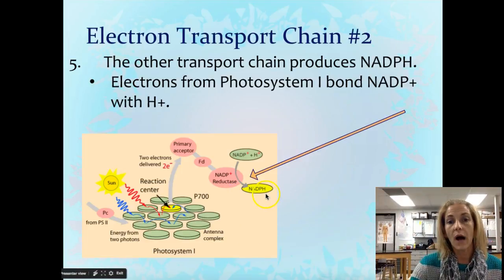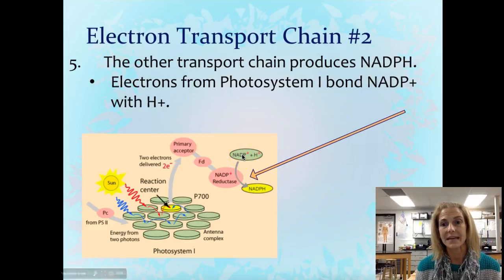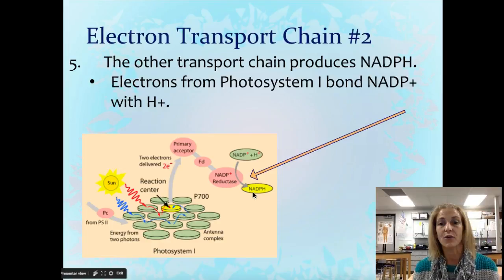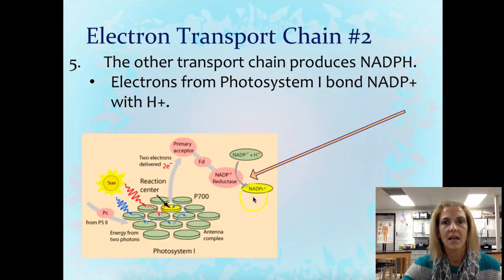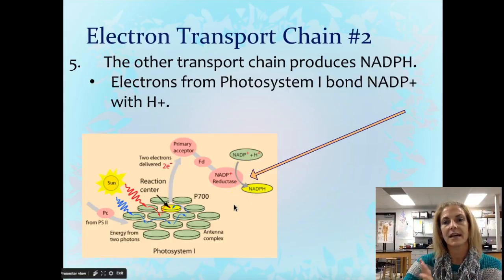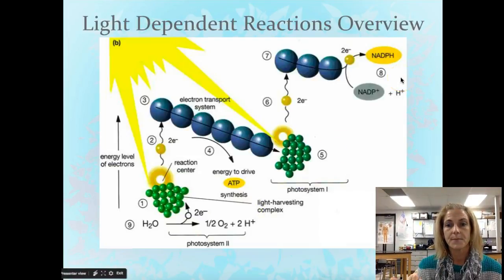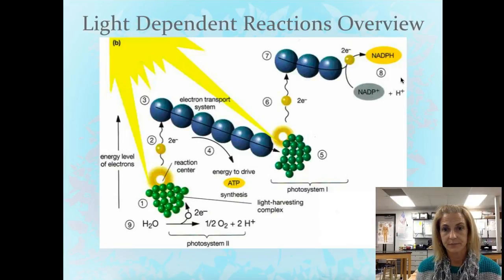So hydrogen from water binds with electrons and NADP to make NADPH, nicotinamide adenine dinucleotide phosphate. That's a mouthful. So one electron transport chain makes ATP, the second makes NADPH. Both are needed for the Calvin cycle later.